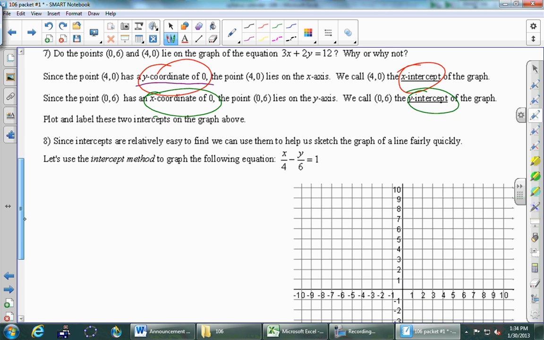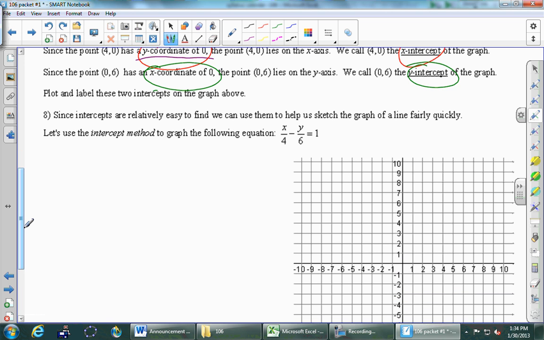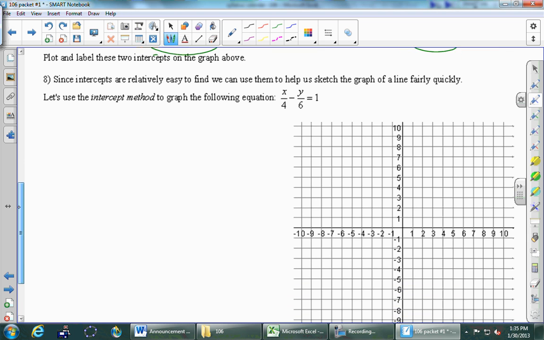Okay, let's come down here to number 8, and we are now up to Subtab. Can you read number 8, please? Okay, x over 4 minus y over 6 equals 1.